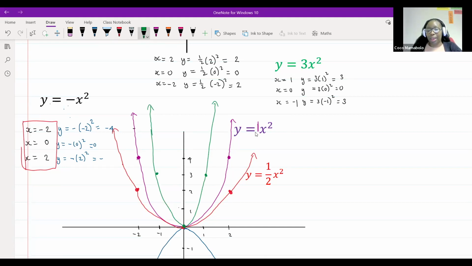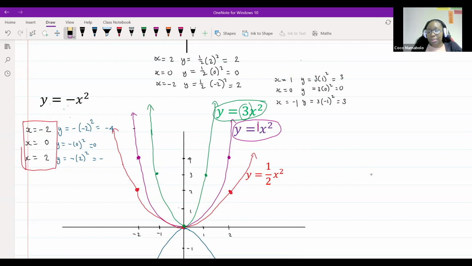Now, let's compare that to the graph of the original formula. If we compare y is equal to x squared with y is equal to 3x squared, what do we notice about the a values? If a is greater than 1, what happens to my graph?